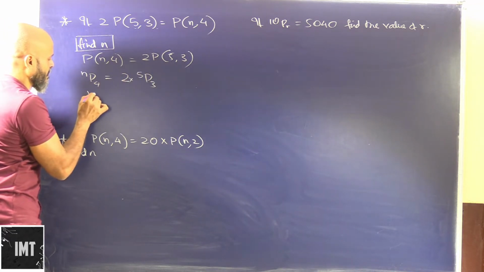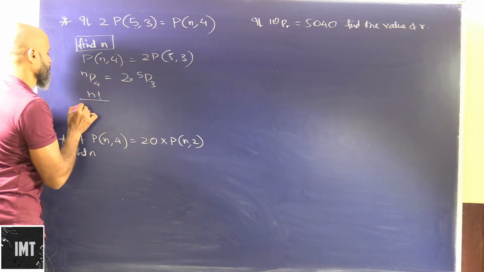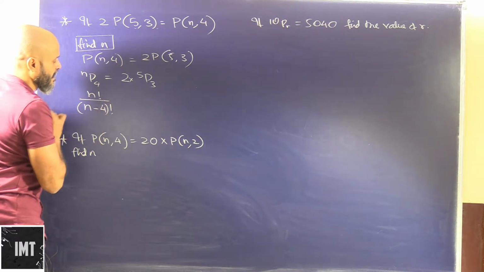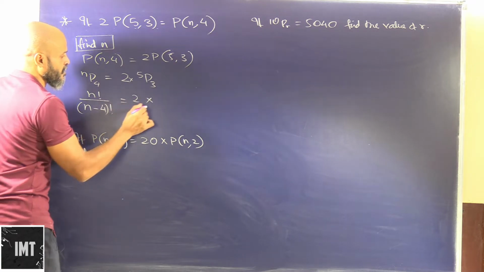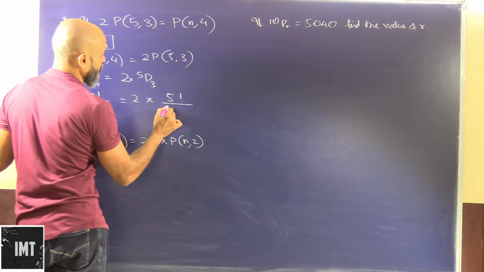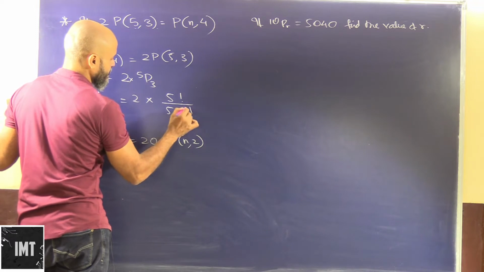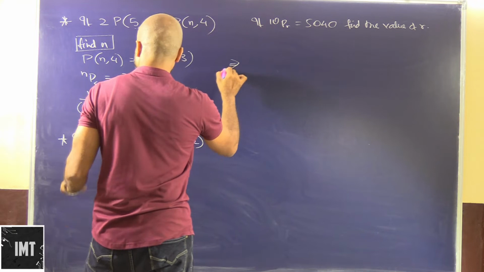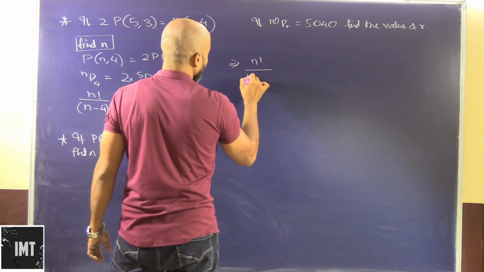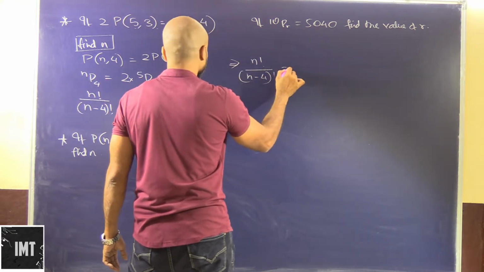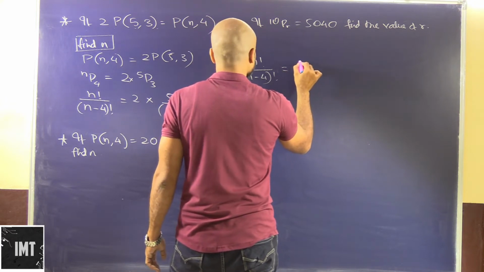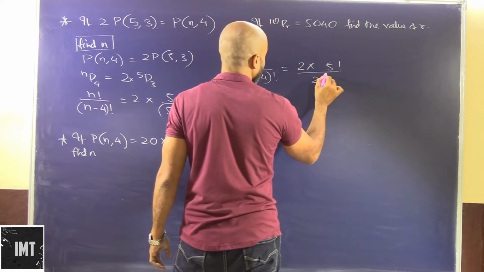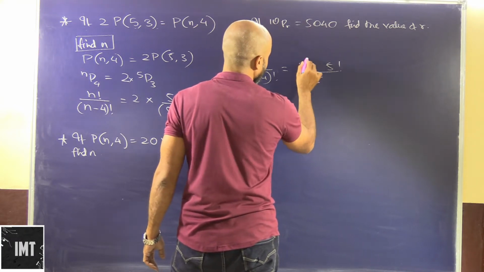So nP4 will be factorial n upon factorial n minus 4, equal to 2 into factorial 5 upon factorial 5 minus 3. So this will be factorial n upon n minus 4 factorial is equal to 2 into factorial 5 upon 5 minus 3, that is 2 factorial. So 2 factorial will be 2 basically.